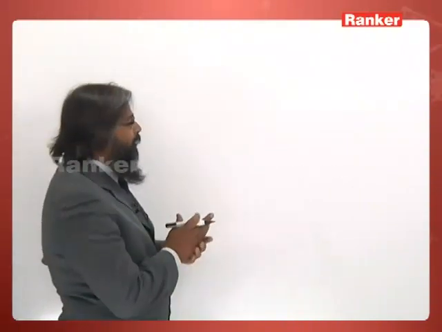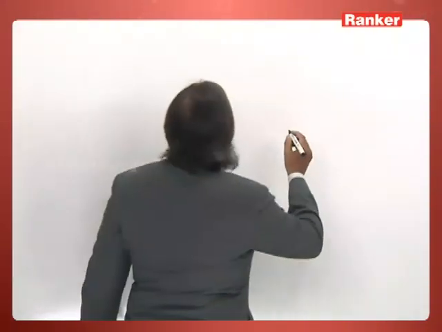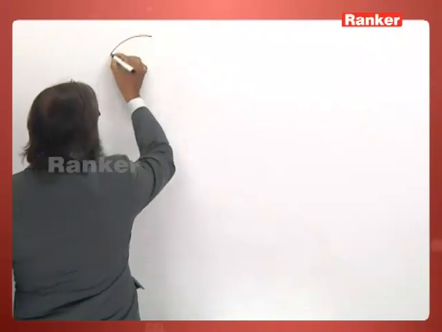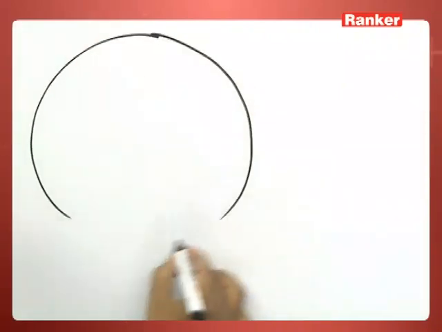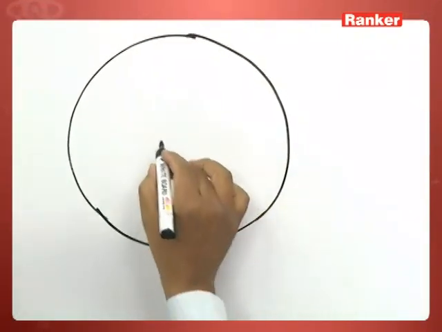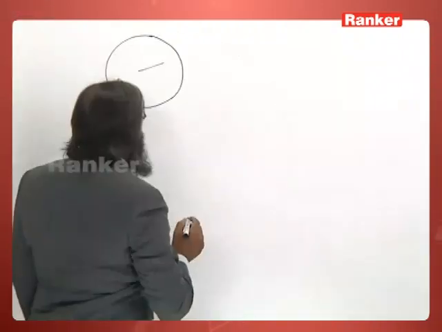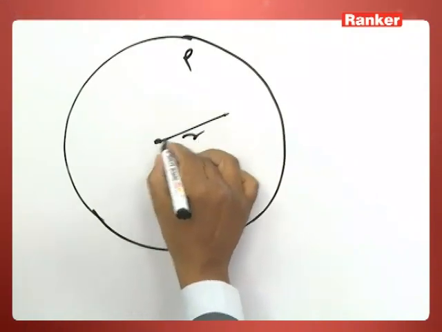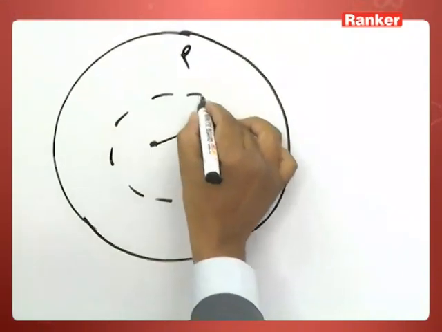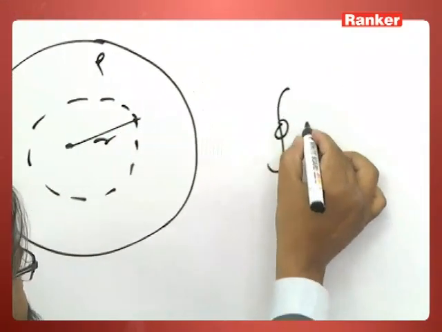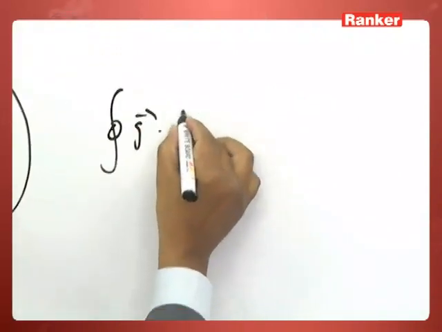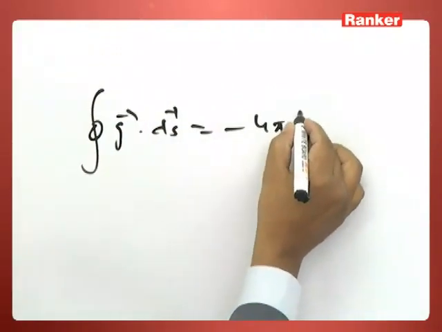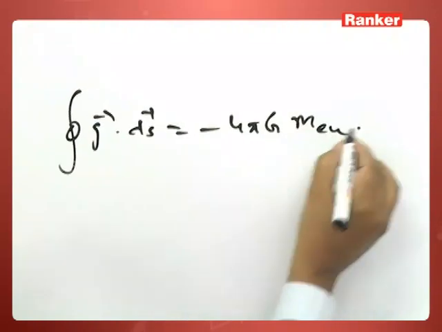Now we require one formula for the field due to a uniform ball at an inside point. We have already calculated it, but let us calculate once more. Suppose this is the center and this is R. We will apply Gauss's theorem: ∮G·dS equals minus 4πG times the mass enclosed.